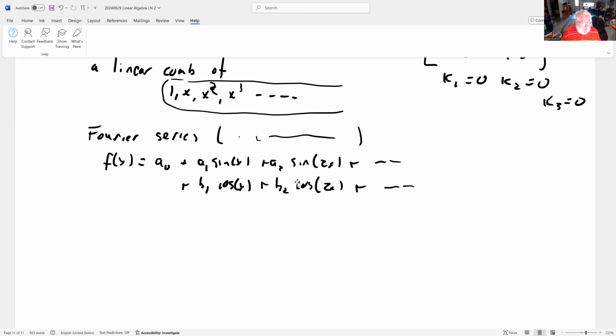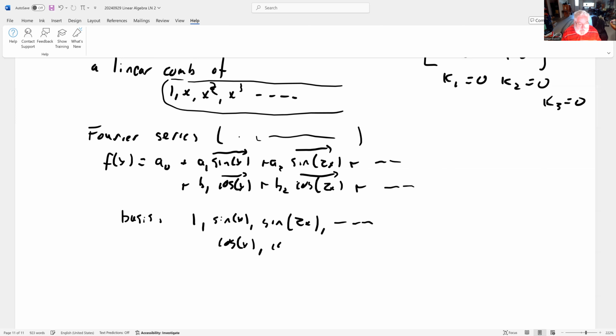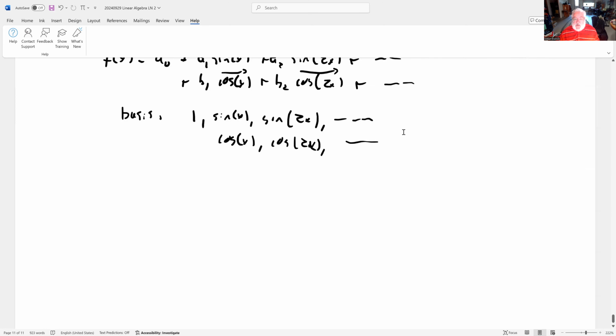And that gives us a basis of 1, and then we take sine x, sine 2x, sine 3x, cosine x, cosine 2x as being our basis for those things. Okay, so that's the end of that.